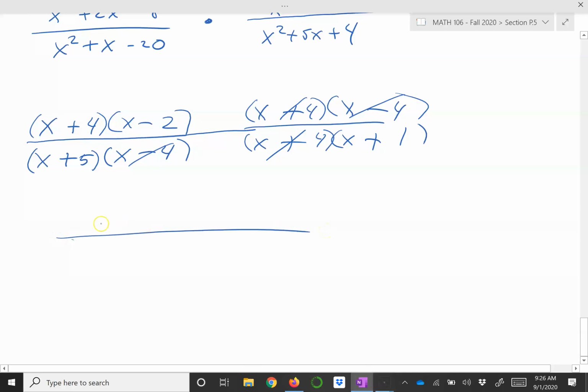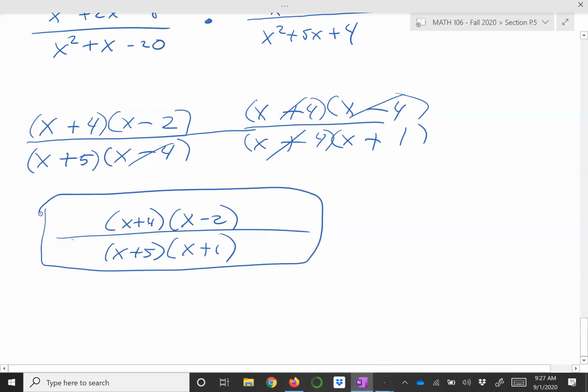So I have in the numerator x plus 4, x minus 2, and then in the denominator x plus 5, x plus 1. So when you can't factor anymore and you can't cancel out things anymore, that's it. That's your final answer.